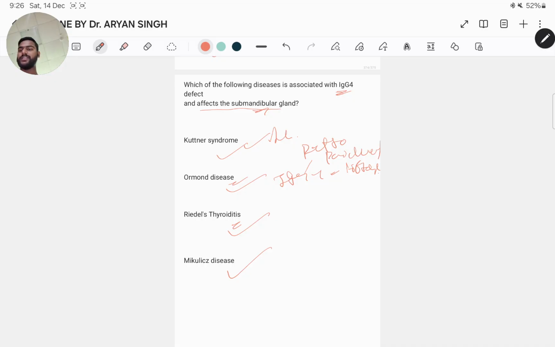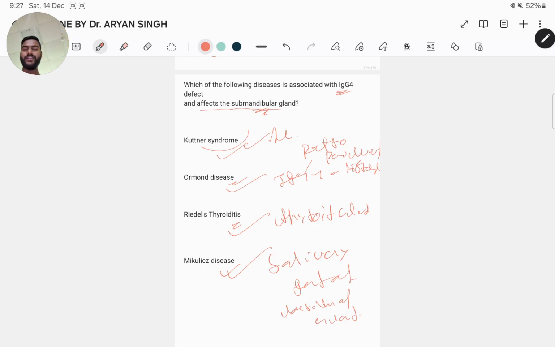Riedel thyroiditis is also IgG4-related, but it involves the thyroid gland, not the submandibular gland. And Mikulicz disease is an IgG4-related disease affecting the salivary gland and lacrimal gland.